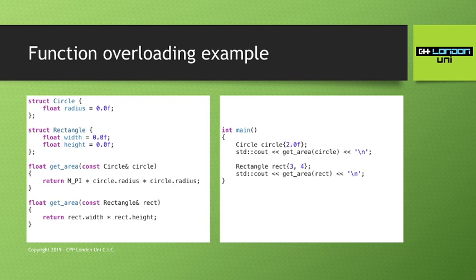And it's going to say, all right, the first one, well, I can't convert. I have no way of converting a rectangle into a circle, so there's no way I can possibly call that first function. That's out of consideration. Can I call this second one? Yes, I can. And in fact, that's a perfect match. So that would be preferred to almost any other function that you tried to pass to it.